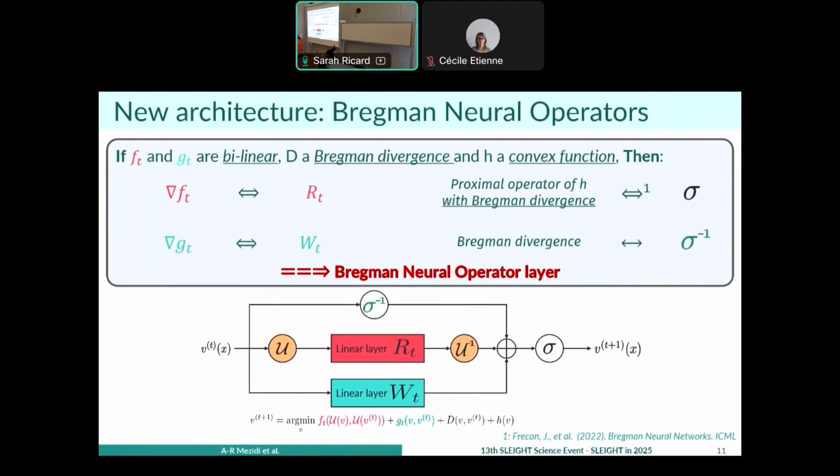But now our activation operator sigma is equivalent to the proximal operator of H with Bregman divergence. And we also have a new branch, very similar to ResNet, which involves sigma minus 1, the inverse of the activation operator, and it is closely linked to our Bregman divergence. So we call this new architecture the Bregman neural operator.